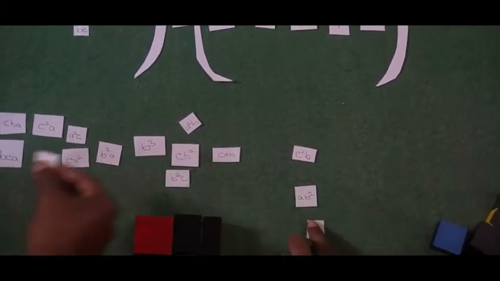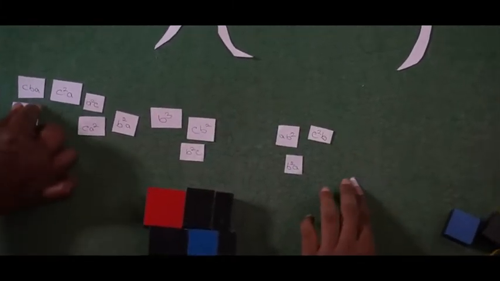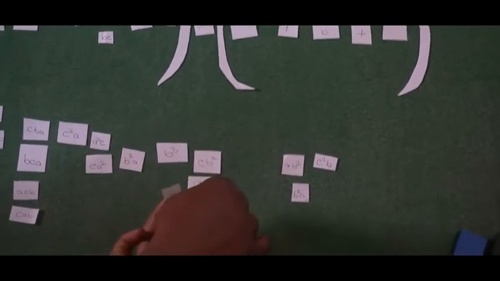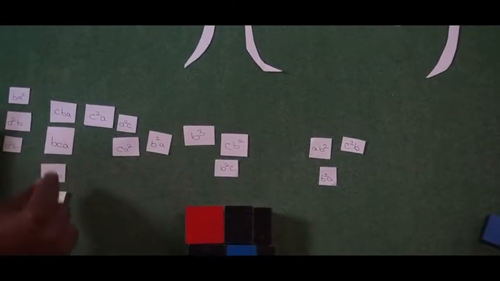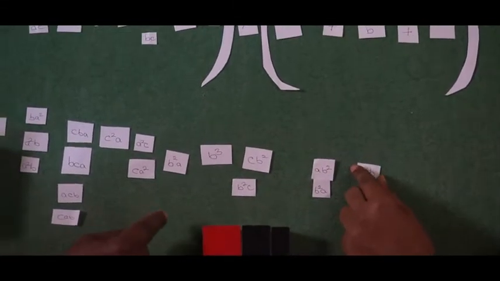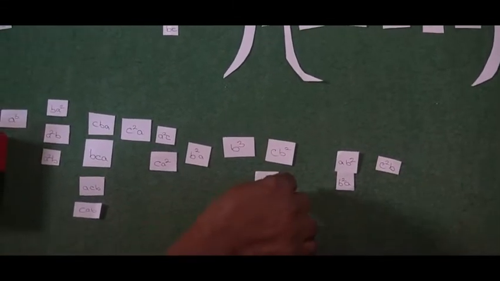So we can add all this here. ABC, we get the same thing here. A squared B, A squared B, B squared.